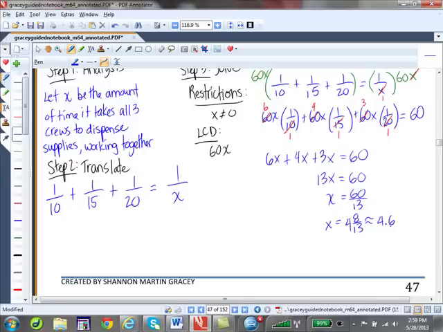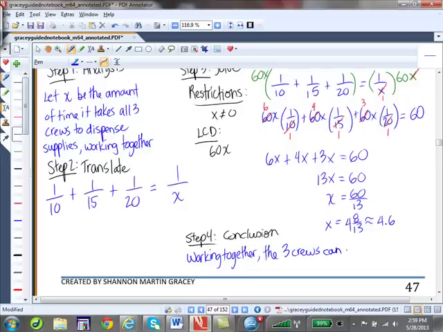And our conclusion is, working together, the three crews can dispense food and water in approximately 4.6 hours.